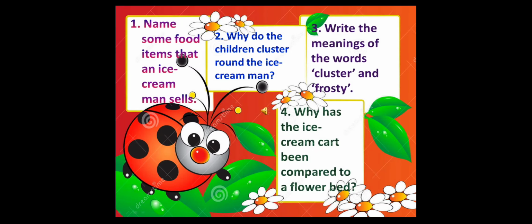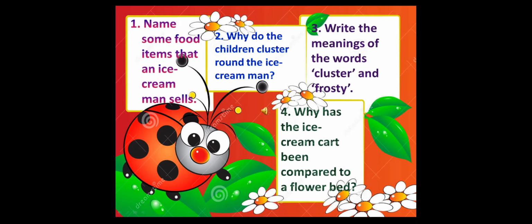Now it's time for you to answer some very easy questions based on the chapter Ice Cream Man. Question number 1 is, name some food items that an ice cream man sells. Number 2, why do the children cluster around the ice cream man? Number 3, write the meanings of the words cluster and frosty.